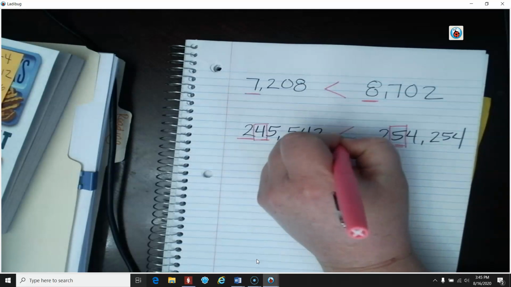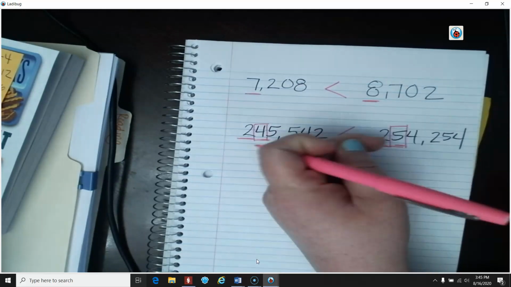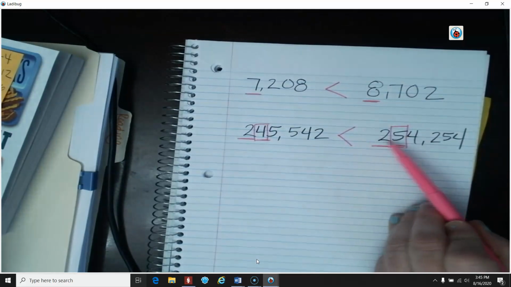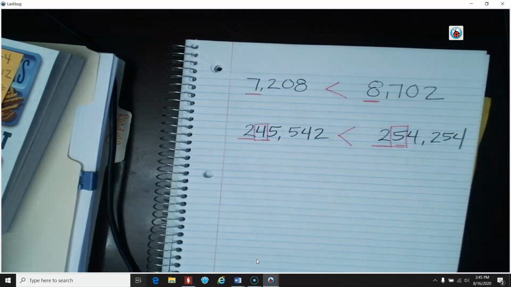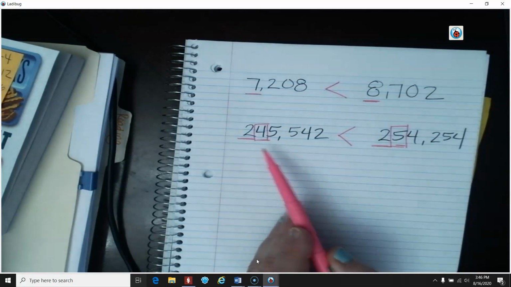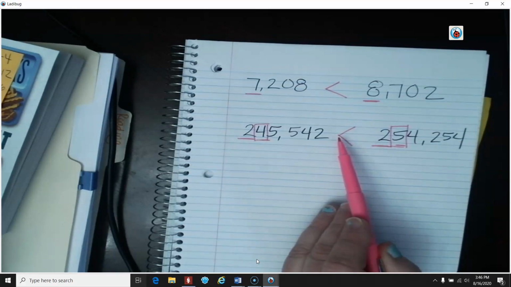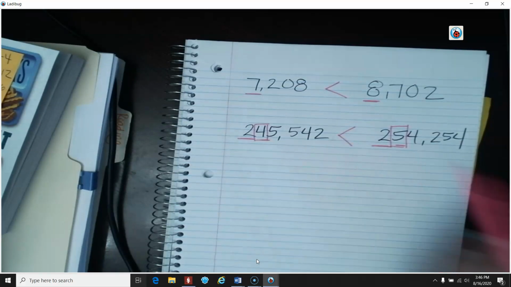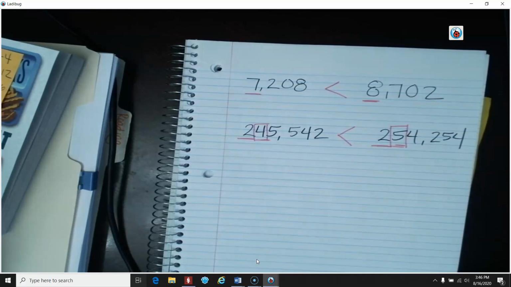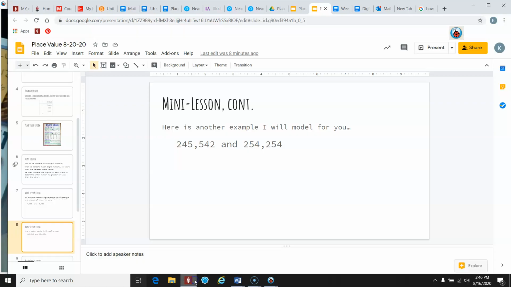So I'm going to put my symbol in the middle that is open towards the biggest number, right? It's facing the biggest number. And I would read this expression, 245,542 is less than 254,254.